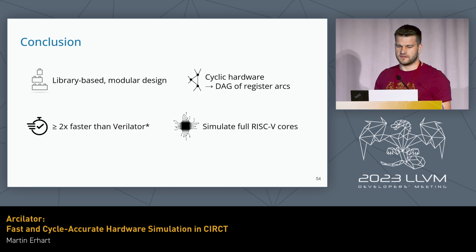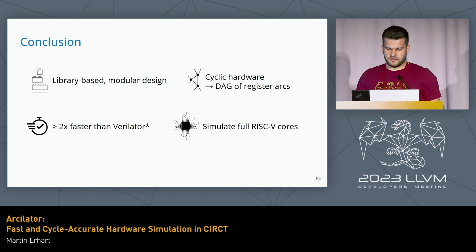I have presented a library-based modular design, which means that you can just bring your own optimization passes that you can insert into Arcilator for research, for testing, so you don't have to write your whole simulator from scratch. We have shown performance of more than 2x faster than Verilator on the designs we tested.